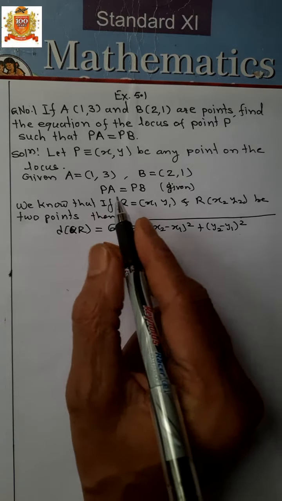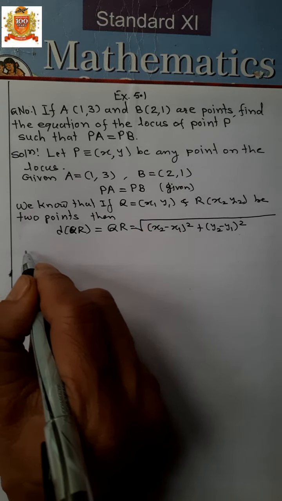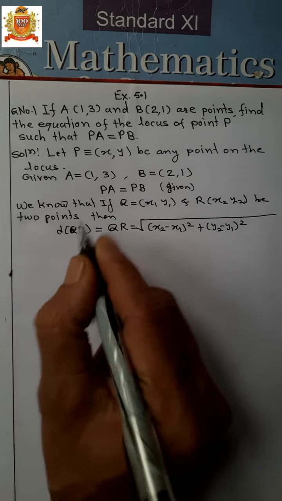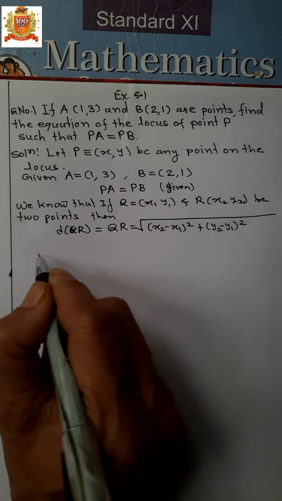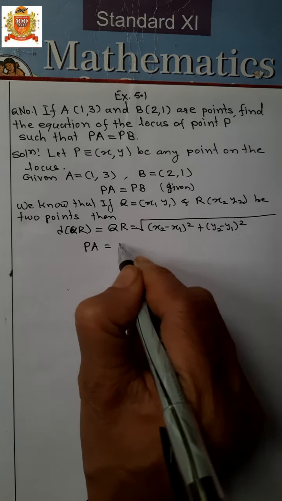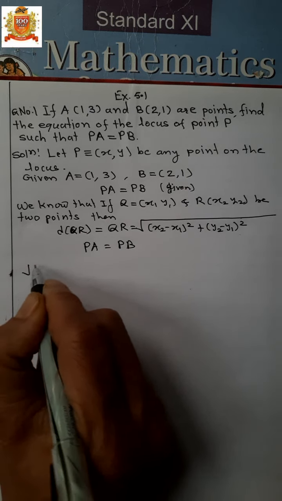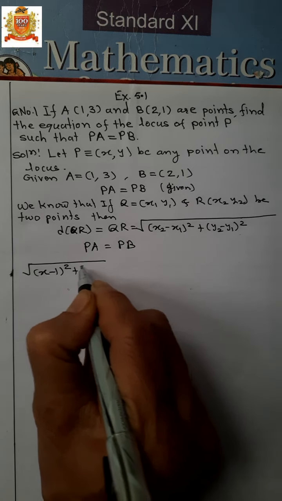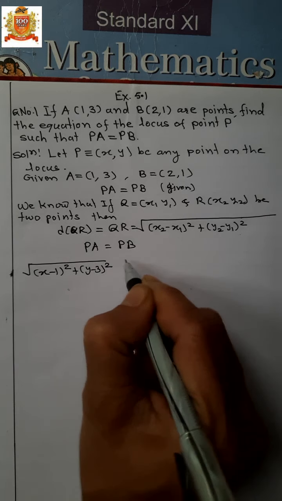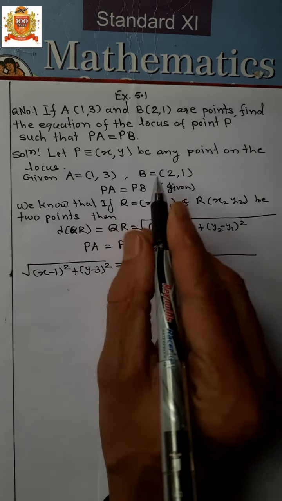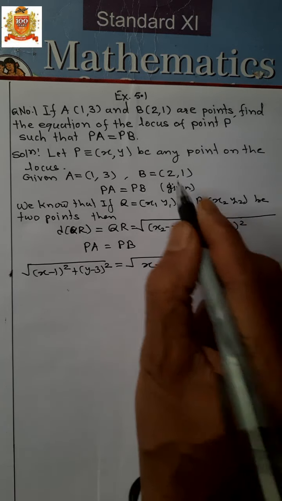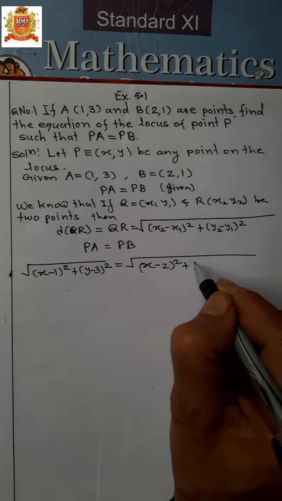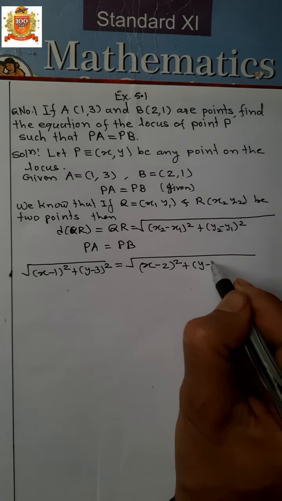Similarly, here coordinate of point P is (x, y) and coordinate of point A is (1, 3). Therefore distance PA is equal to PB. So distance PA is equal to square root of (x minus 1) square plus (y minus 3) square is equal to, now distance PB, square root of (x minus 2) square plus (y minus 1) square.